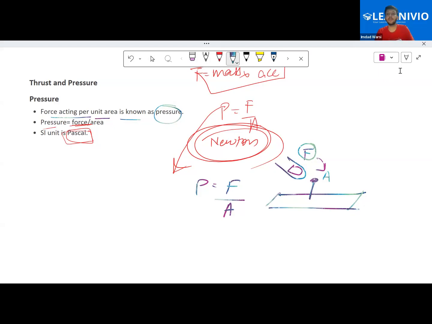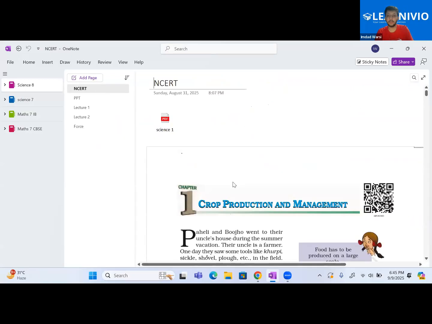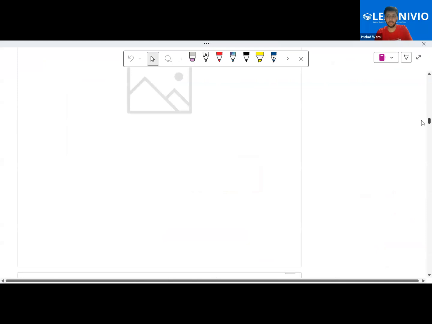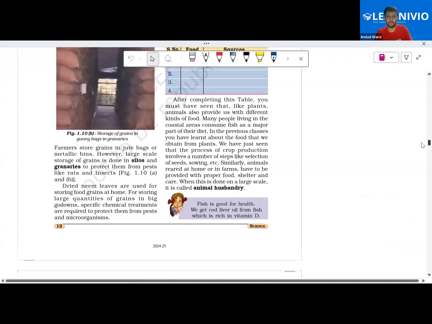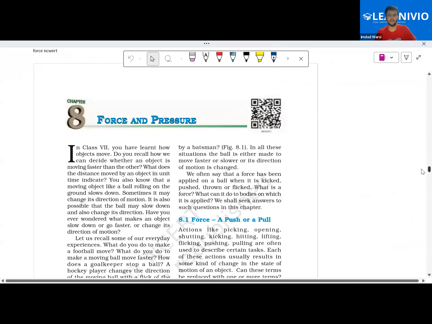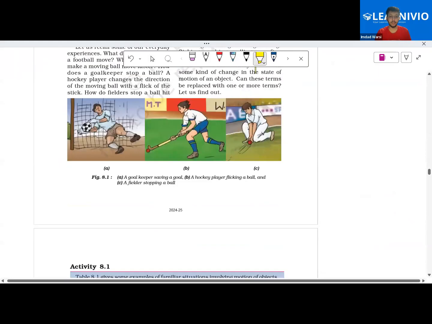Let's solve some problems from our book. So we saw what is force, a push or pull, right?